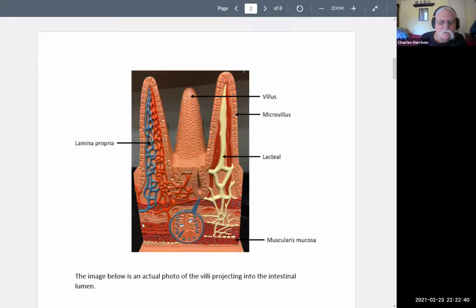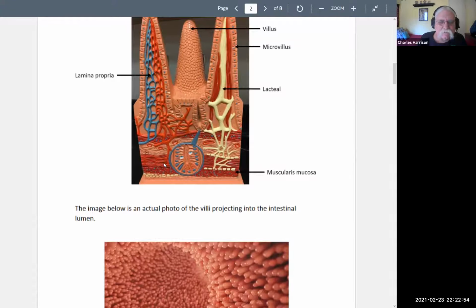The third layer is down here. It's a layer of smooth muscle. It runs circularly around the GI tract. It's called the muscularis mucosa.